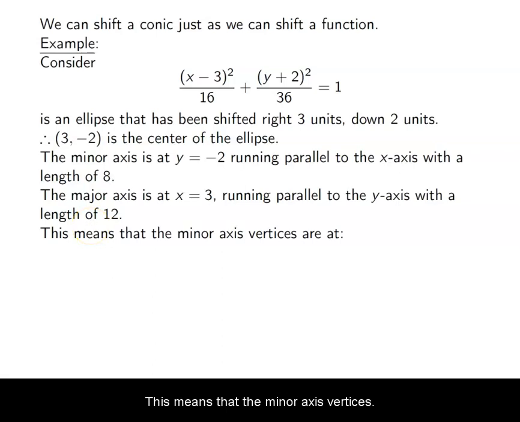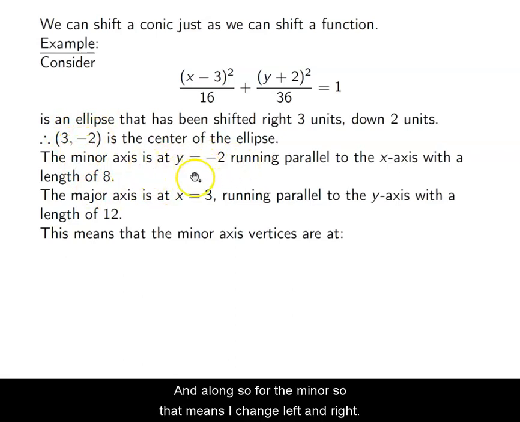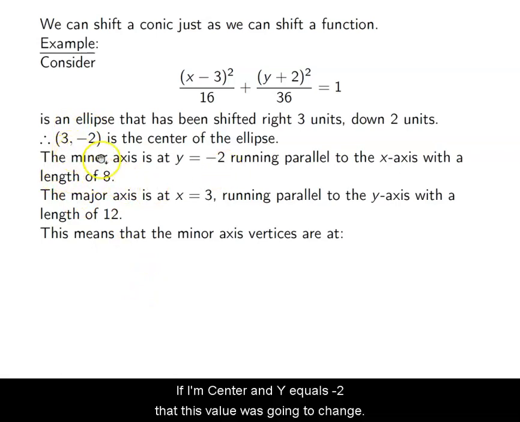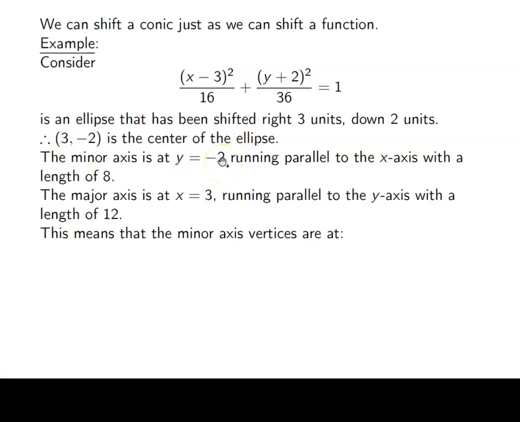This means that the minor axis vertices are, so I take this point and along the minor, that means I change left and right from this point by 4 units one way and 4 units the other way. So if I'm centered at y equals -2, this value isn't going to change, okay?